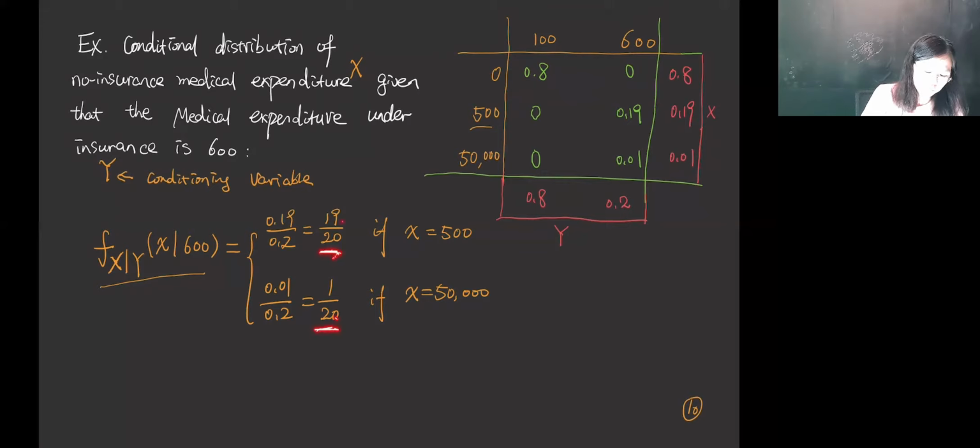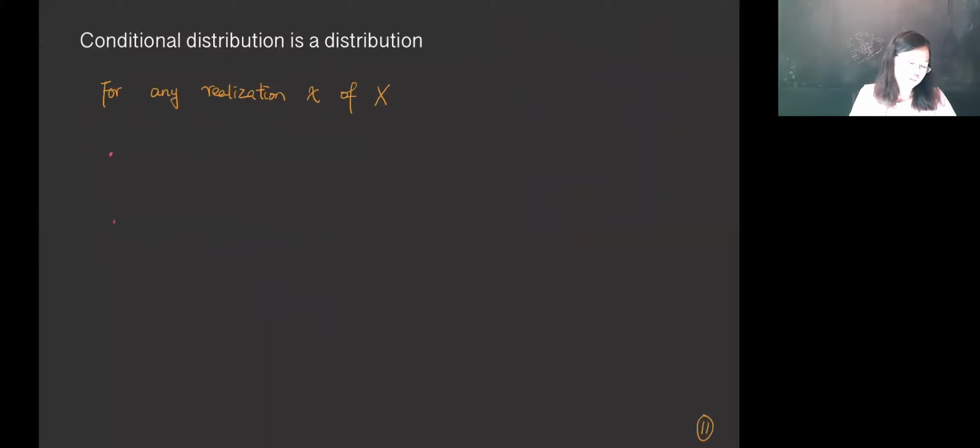So 19 divided by 20 plus 1 divided by 20 is 1. And that satisfies the requirement for probability mass functions. So conditional probability mass functions are probability mass functions.